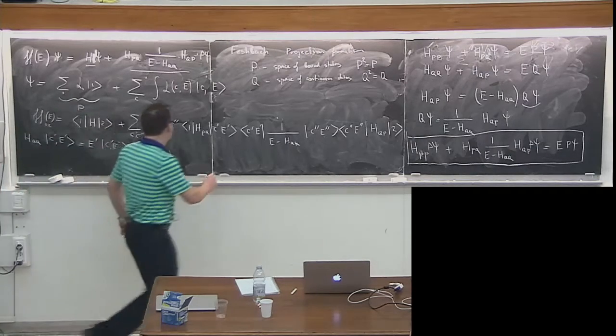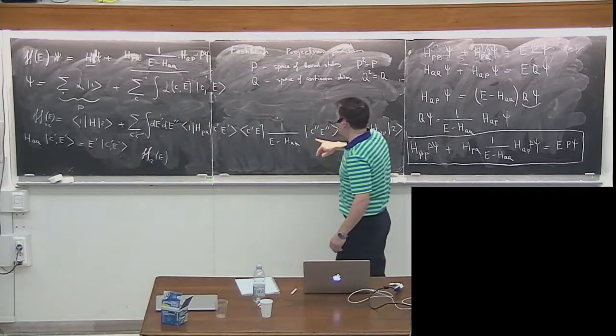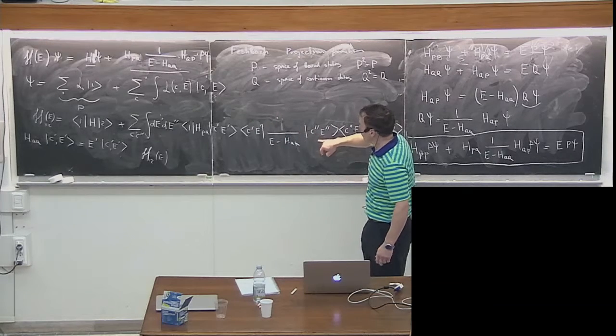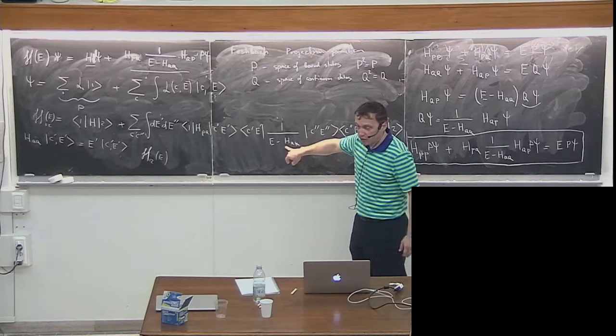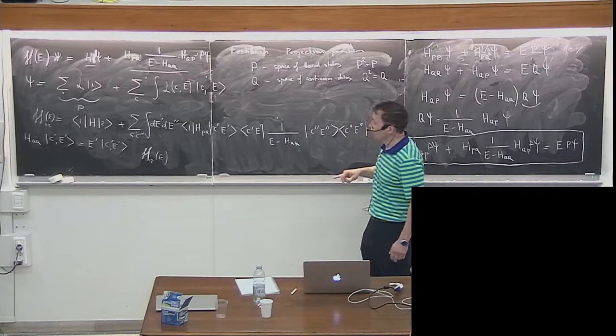One simplification is that, instead of an operator, I put just the energy E prime here, because it's diagonal.